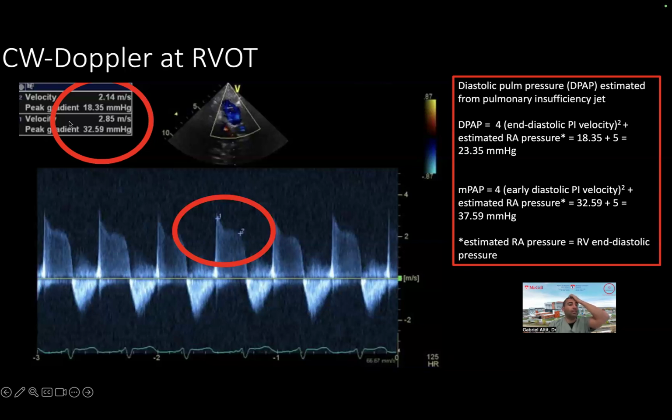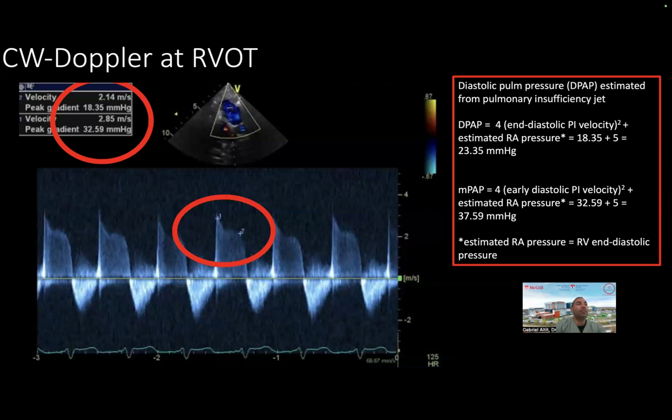So for example, in this patient, your mean pulmonary arterial pressure would be guesstimated at around 38 because this is where you get from your velocity. Okay, so this is 4 times the velocity squared, gives you 32.59, plus 5 of RA pressure gives you 38 millimeters of mercury. So that would be an estimate of your mean pulmonary arterial pressure. And your diastolic pulmonary arterial pressure would be the end diastolic velocity before you get in systole. That's what we did. Okay. That's why we do the two measurements.